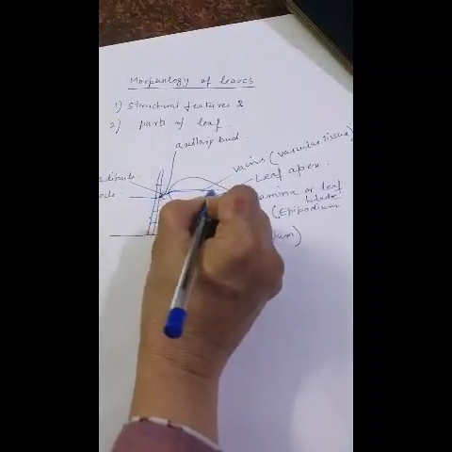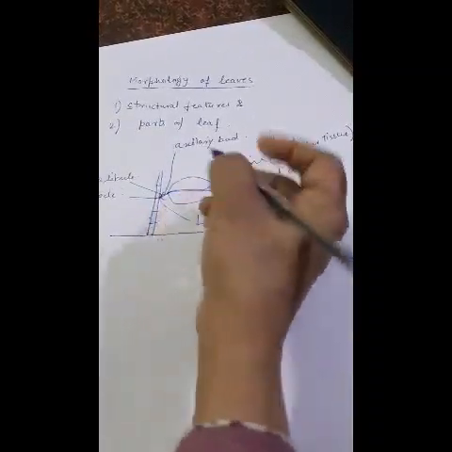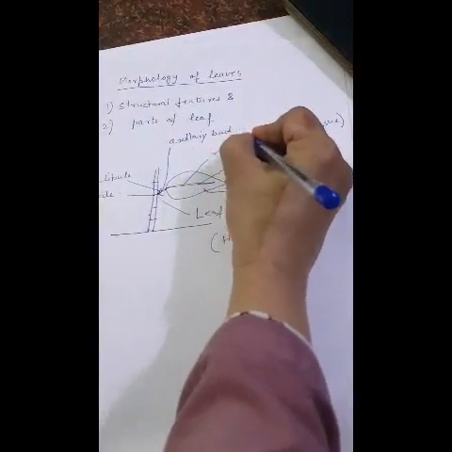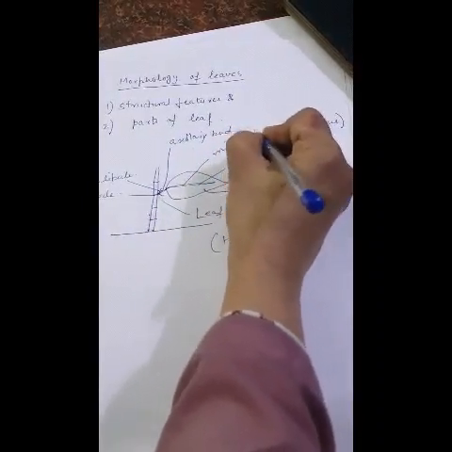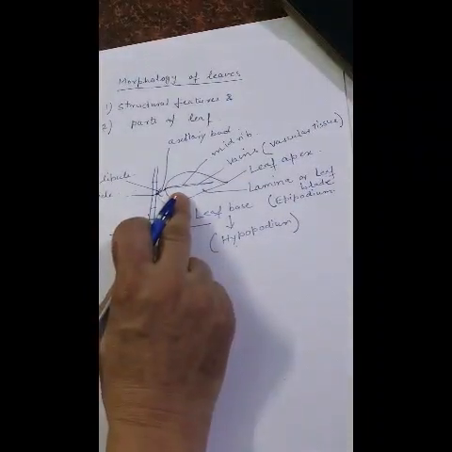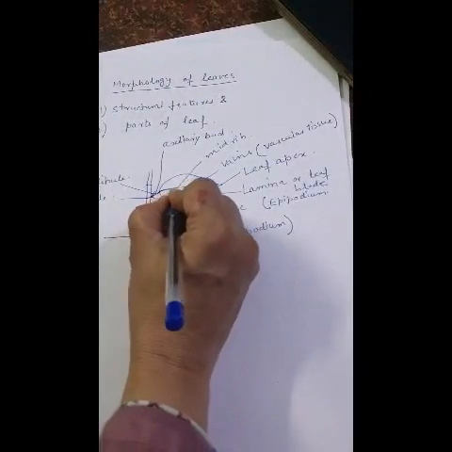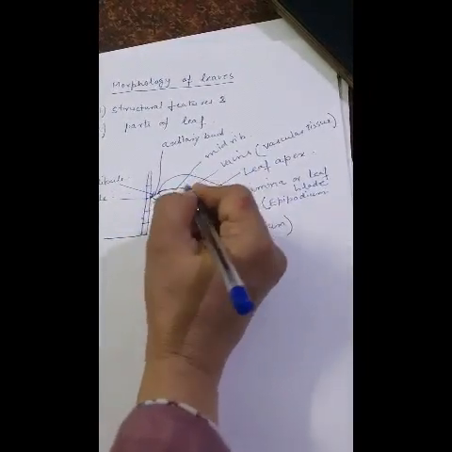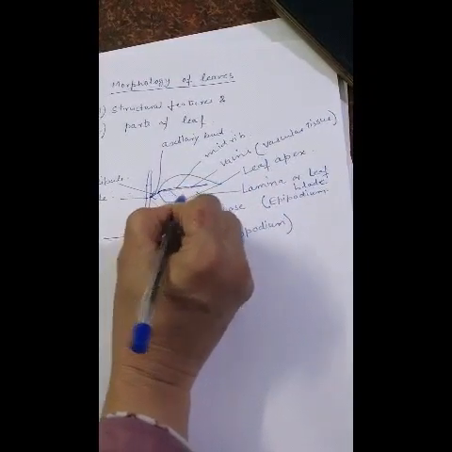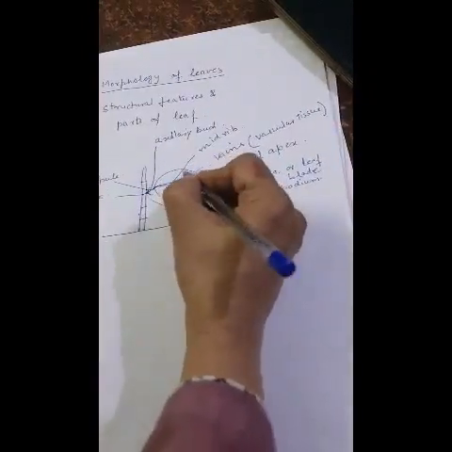Mid vein is the midrib. Midrib divides leaf into two parts. Many other venations are here and there all over the leaf.